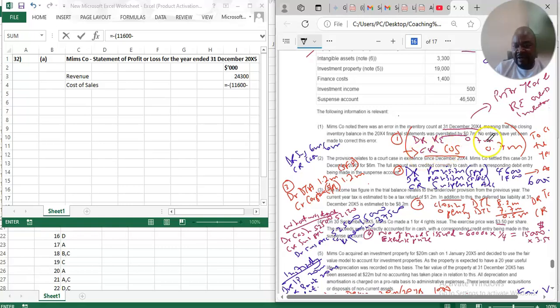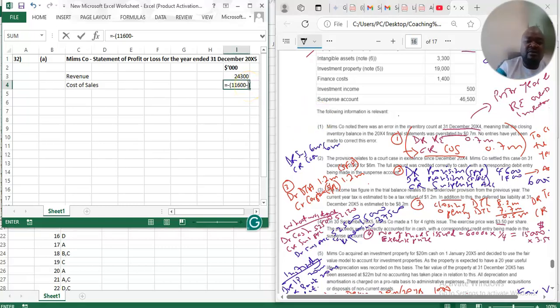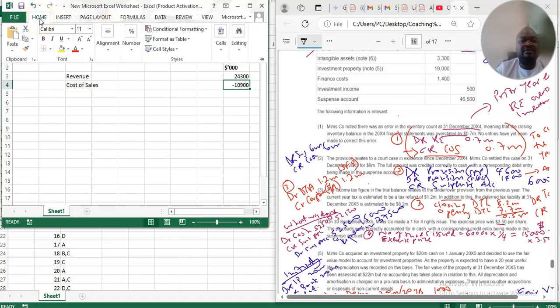So here we are crediting the statement of profit or loss. So we proceed with our computations. So that's 700. Press enter. So our figure has become 10,900.